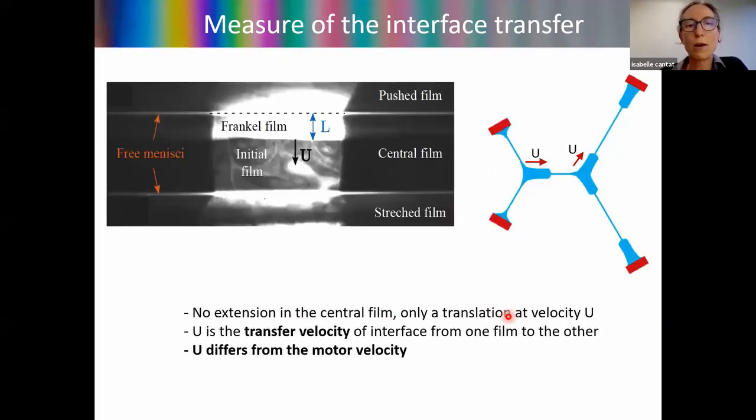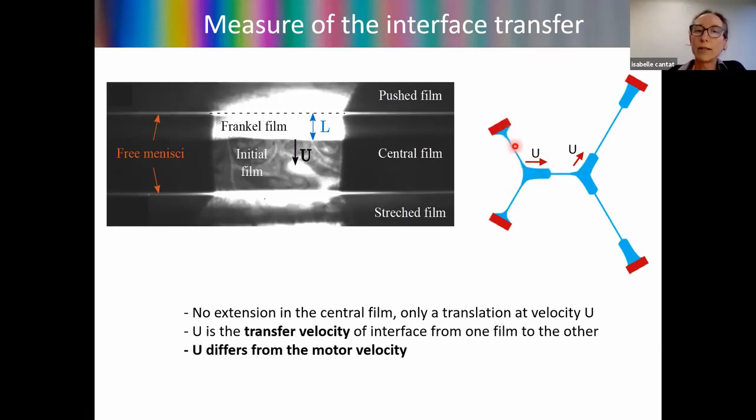And so now let's give some physical meaning to this Frankel's film extraction. It comes from the fact that here we compress the interface and it wants to escape this film and slide over the meniscus into another film.